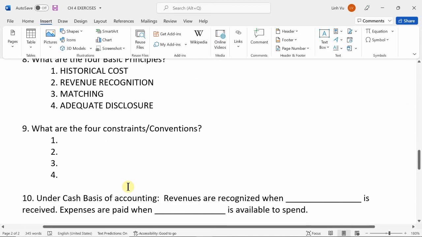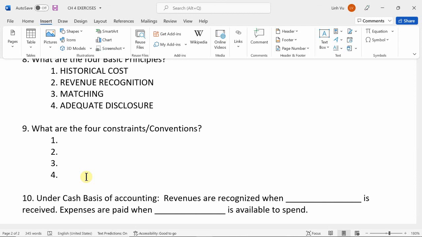Good. And then what are the 4 conventions and constraints? So I didn't find mine, like the chapter 6. I have from 1 to 4. I don't have 6.